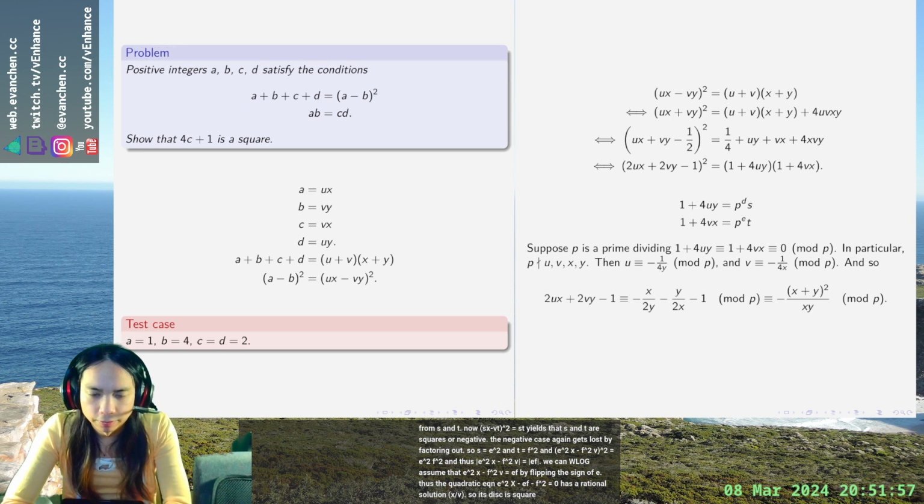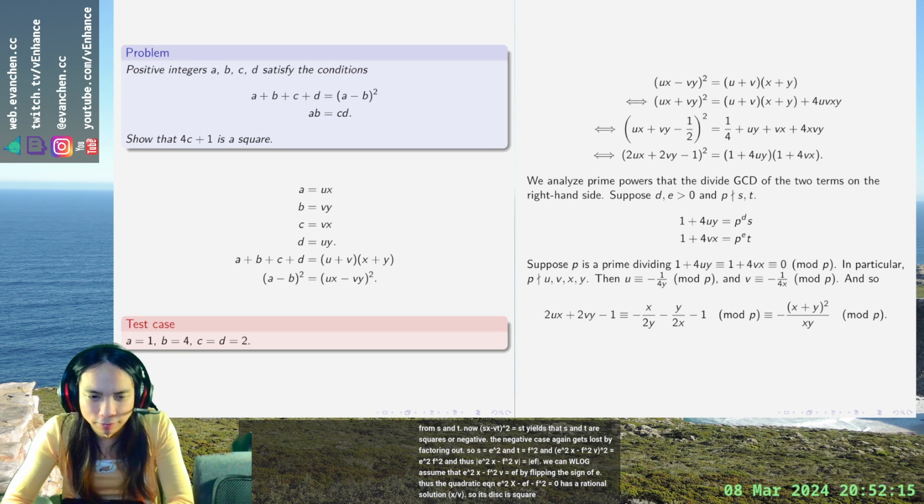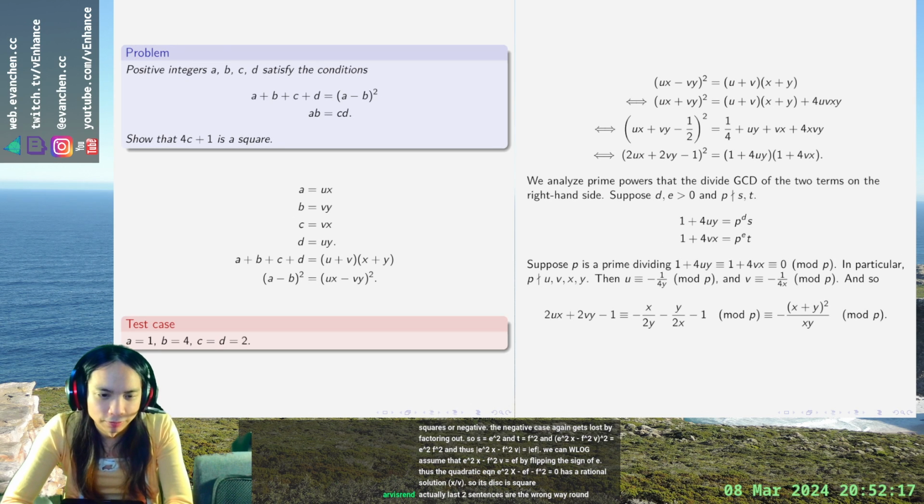Suppose D, E greater than 0 divide the GCD of the two terms on the right hand side. So suppose D, E is positive and P doesn't divide ST, then we take this factorization and basically brute force what the value of 2ux plus 2vy is in terms of these parameters.